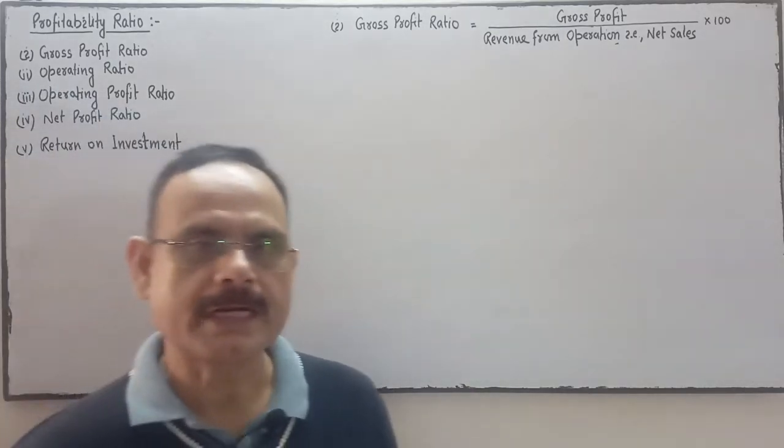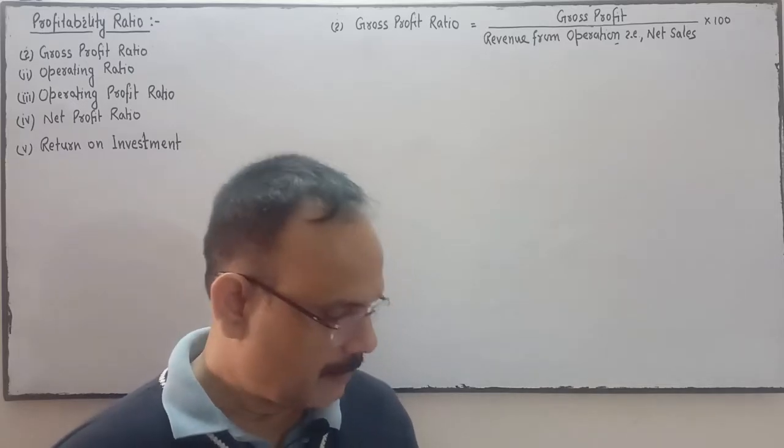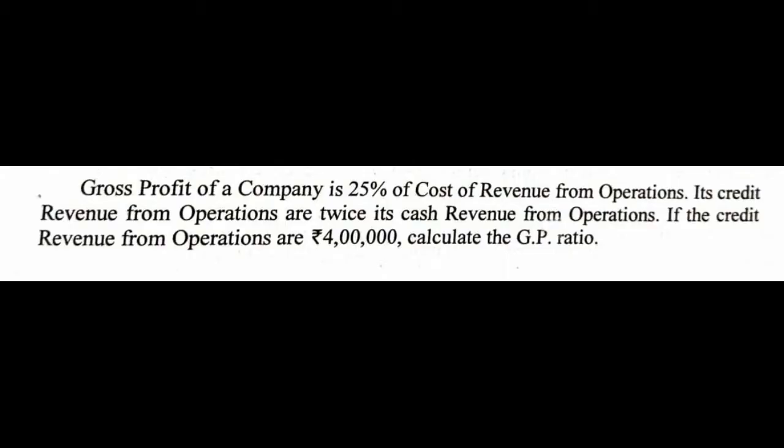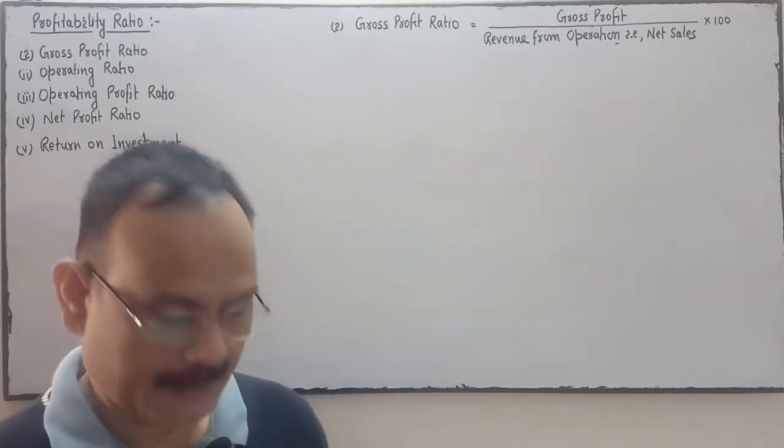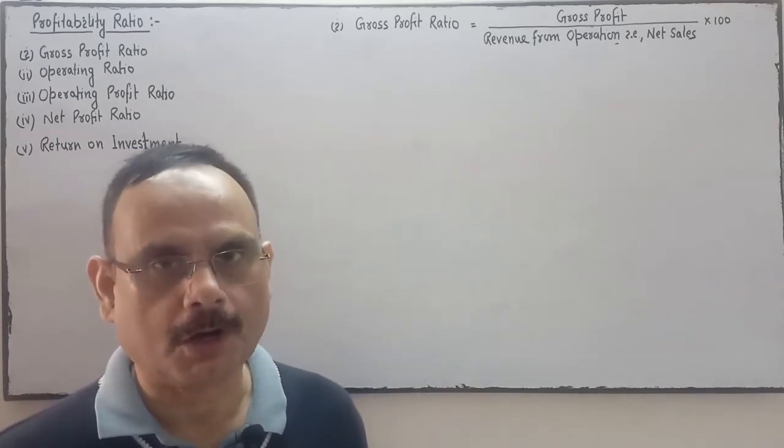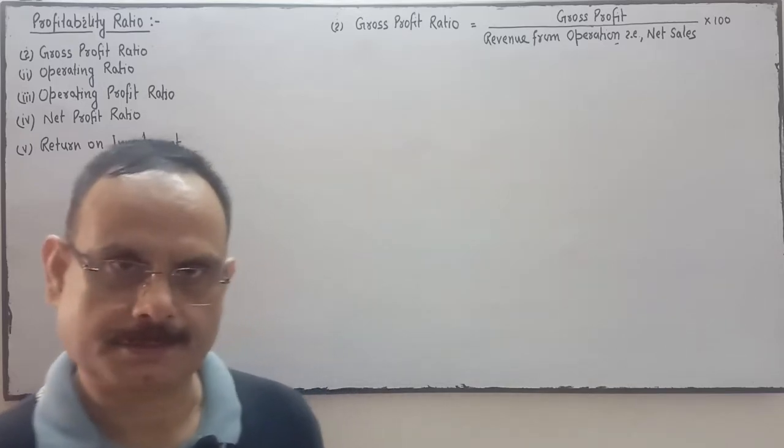Now see one more question related to gross profit ratio. So the question is, gross profit of a company is 25% of cost of revenue from operation.